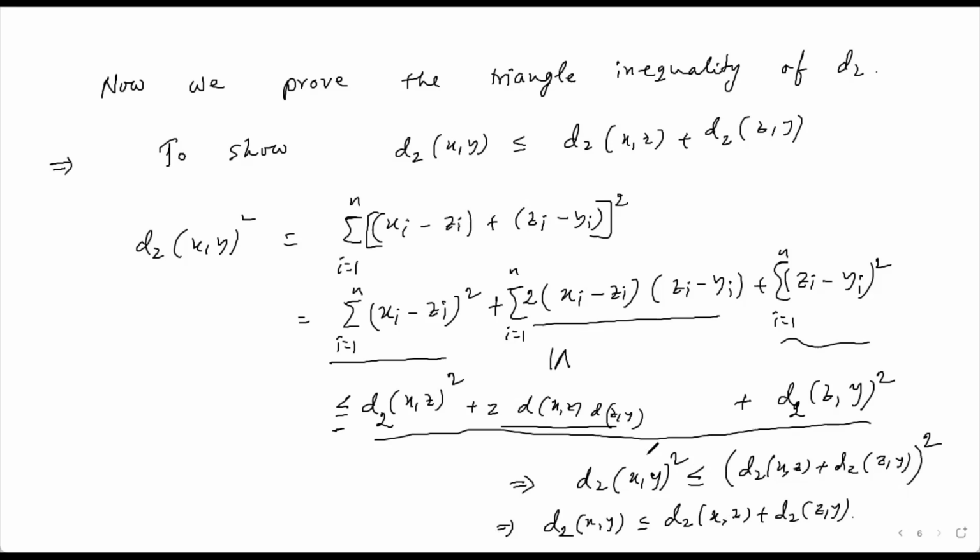Thus we conclude that (R^n, d2) is a metric space.